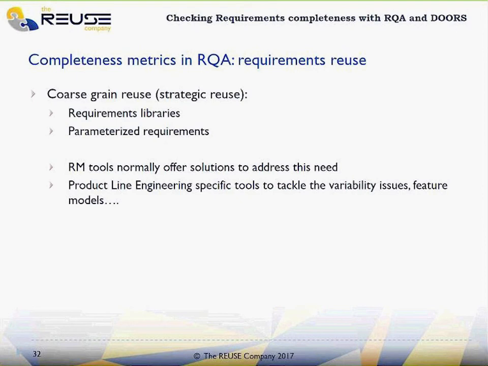Normally, these capabilities are provided by standard requirements management tools in the market. And in some specific cases, there are also product line engineering specific tools to tackle variability models or feature models and so on. So with our tools, at least today, we are not addressing this coarse grain reuse.